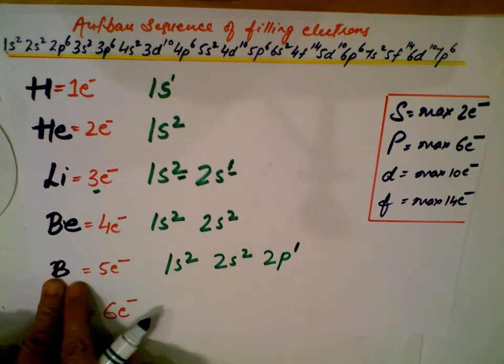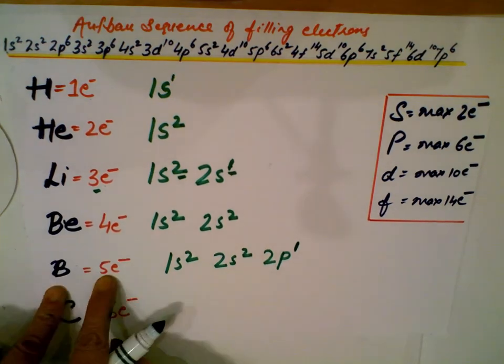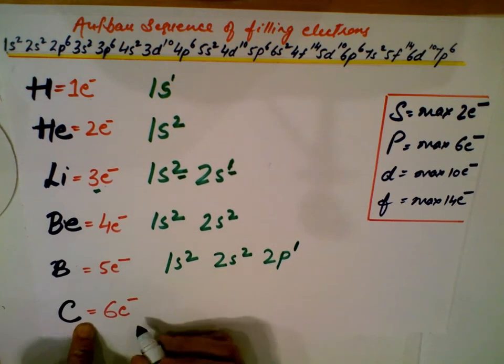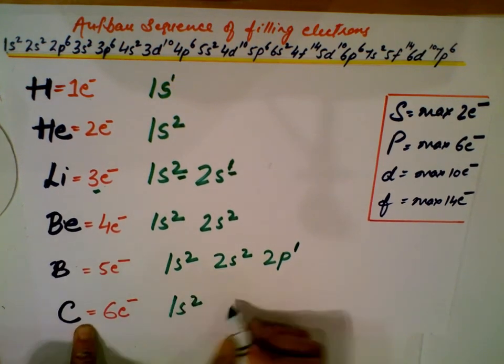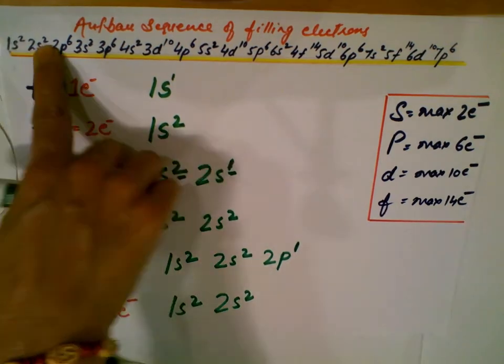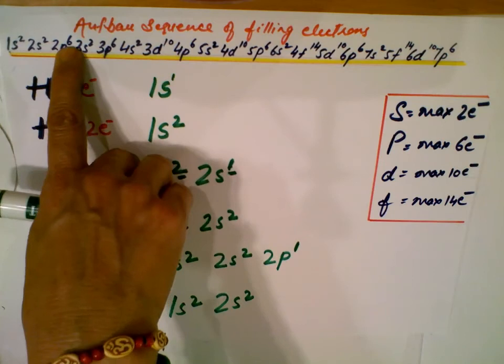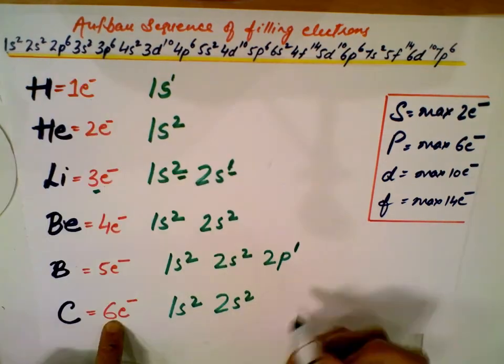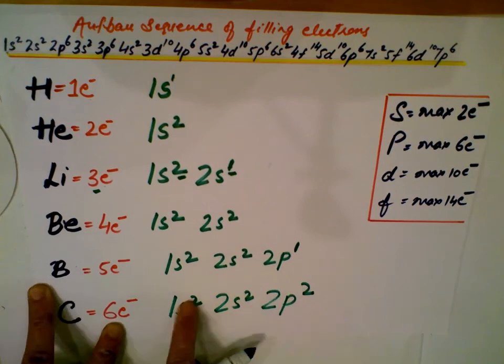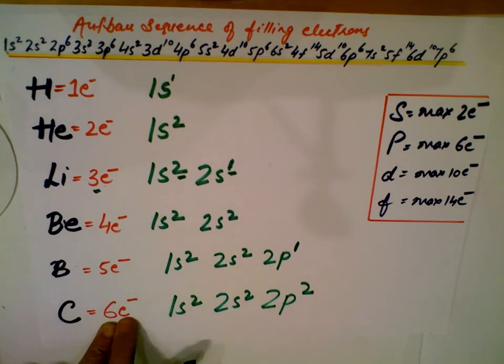For boron, this is the electron configuration, 5 electrons, 2 plus 2 plus 1. Now carbon is 6, so 1s2, 2s2, and I need just 2 more. So instead of 6, I'm going to write 2p2. So 2 plus 2 plus 2 is 6.